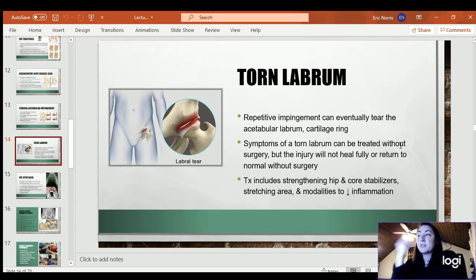We already talked about the treatment with core stabilization, with modalities, and of course with stretches just to decrease extra tension on the area. I don't think anything extra needs to be said about that.